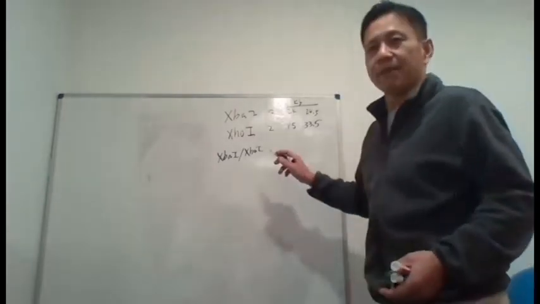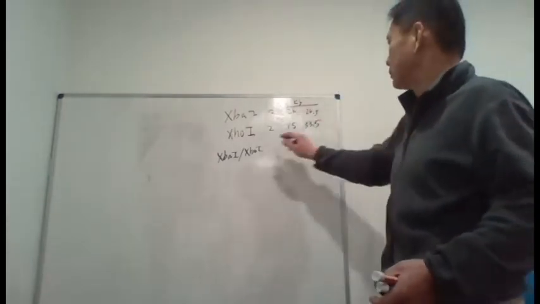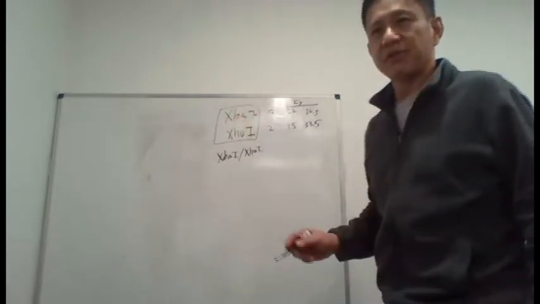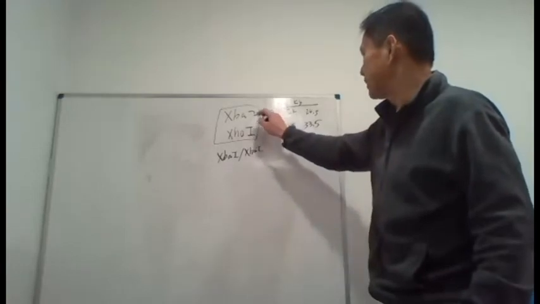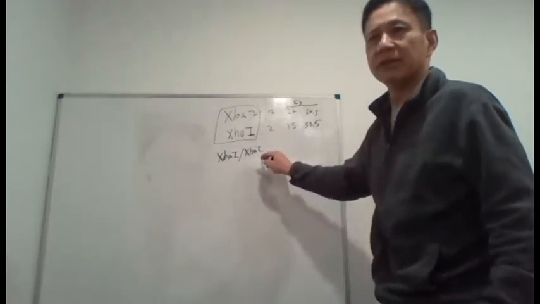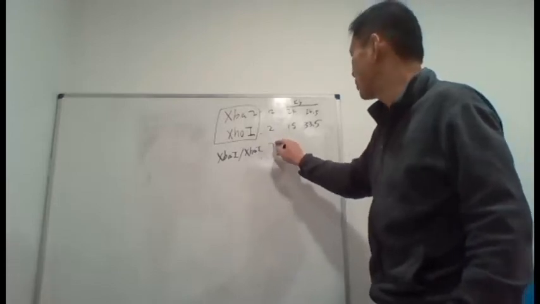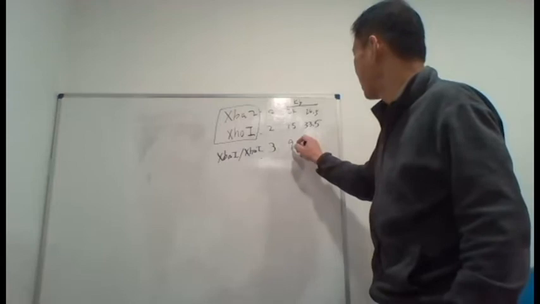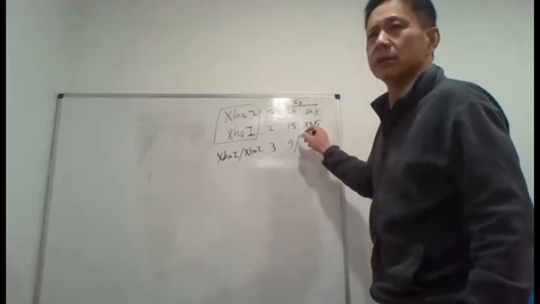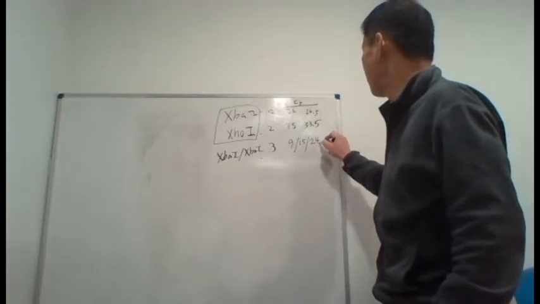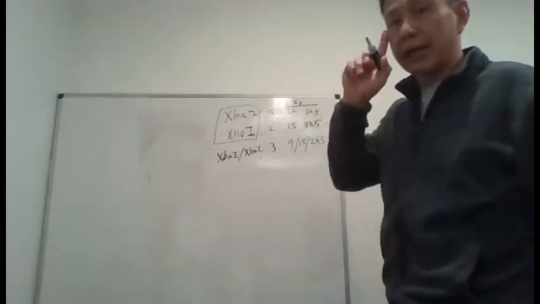So now let's determine these two enzyme locations first. We do the single digestion and double digestion. For the double digestion, that produces 3 fragments: 9, 15, and 24.5 kb.